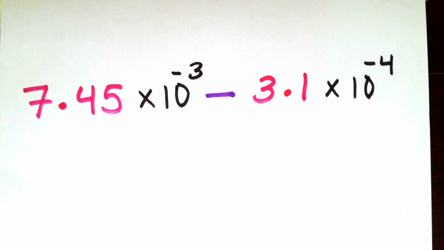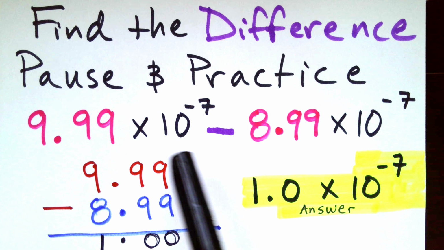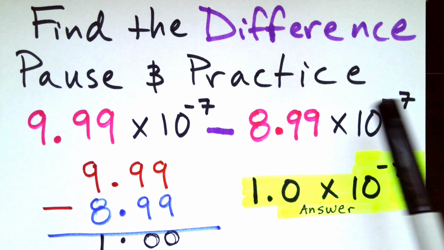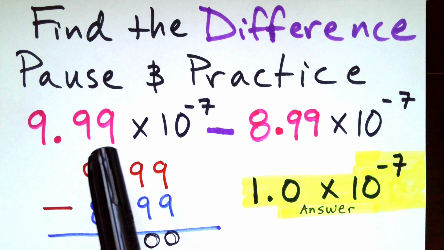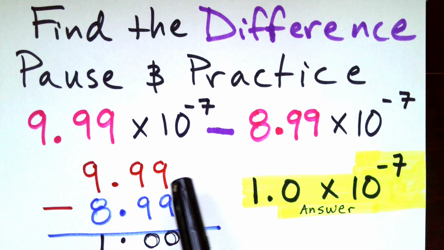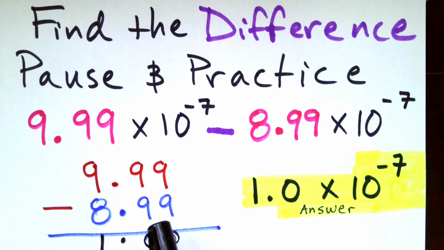Pause and practice. All right, looking at example number 3 in the pause and practice for the part 14 video. You can see here we have the same base of 10, the same exponential power of negative 7, so we can stack these two coefficients, 9.99 minus 8.99, right?